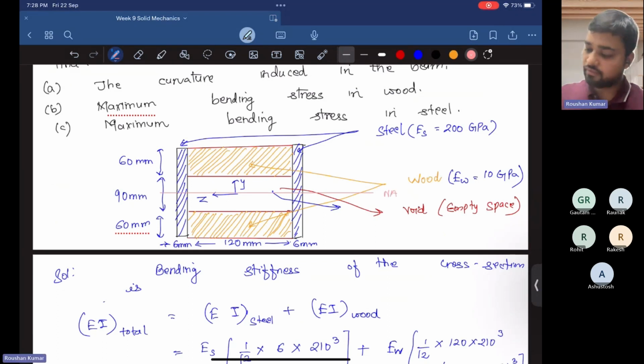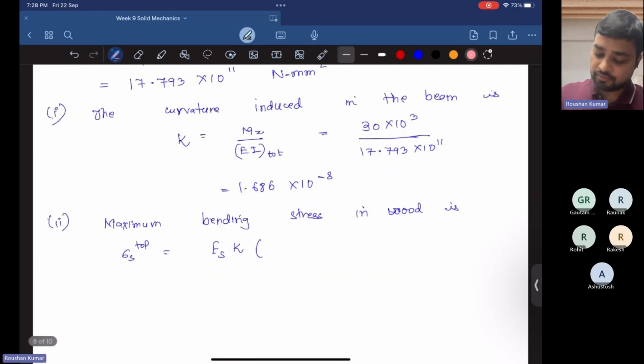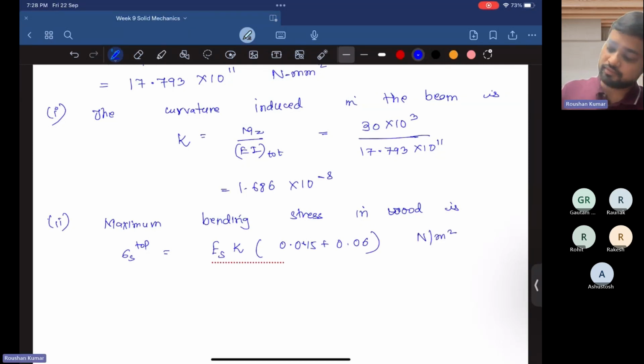What is the length of this line? 45 plus 60, that is 105 mm. So simply write it in meter: E into kappa into (0.045 plus 0.06) Newton per meter square.